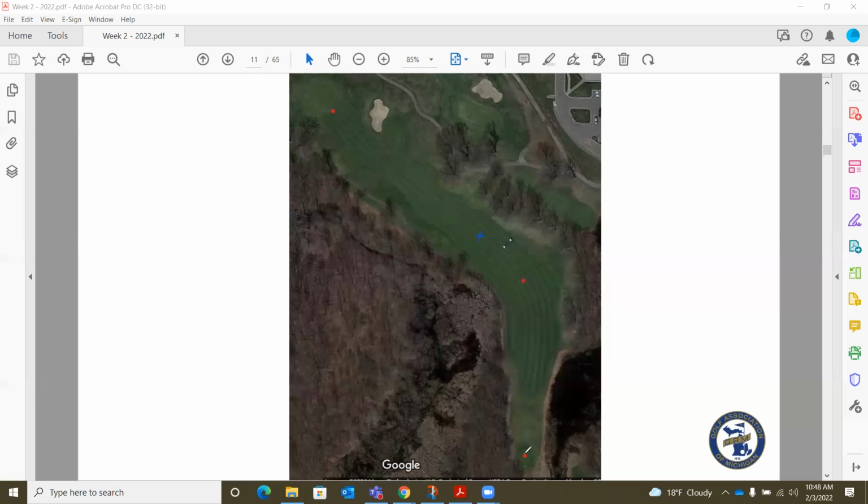So this distance, that was a terrible line, I need to redo that. This distance here is 200 yards, as we're doing the male bogey player.